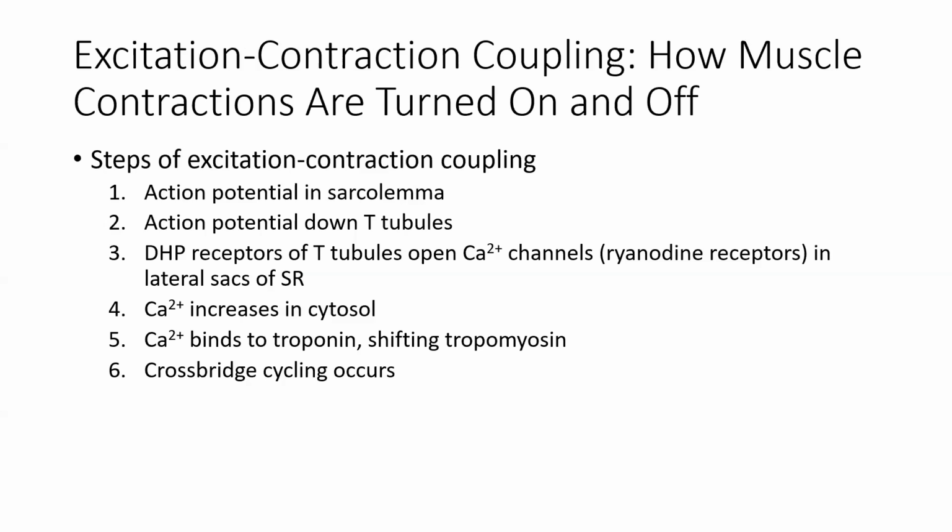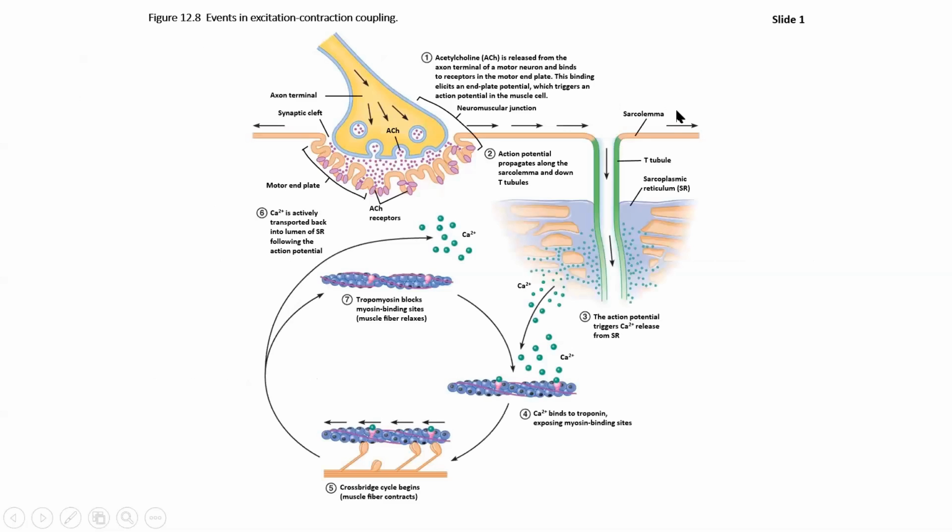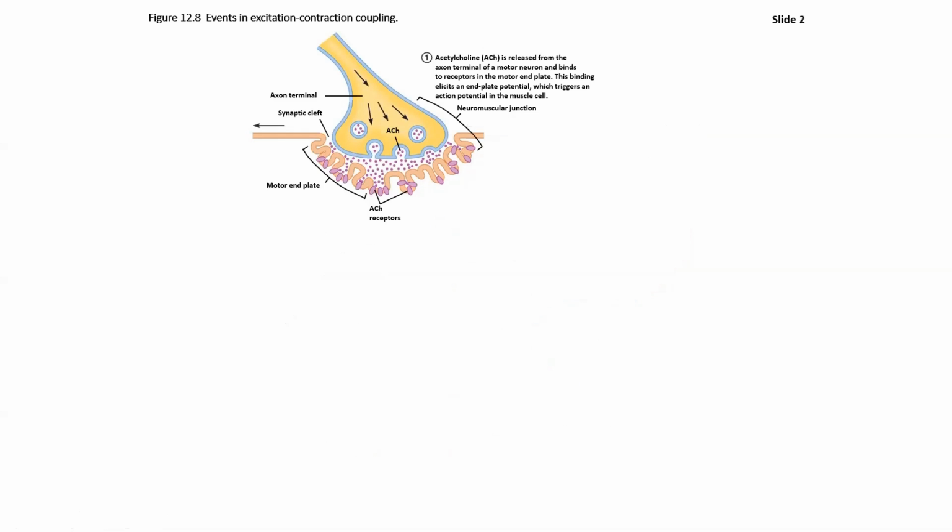It can bind onto troponin. It can shift tropomyosin off of those binding sites, and then cross-bridge cycling can be initiated. All right, so these are the 6 steps, and we're actually going to walk through this schematic image that depicts these steps in more detail.